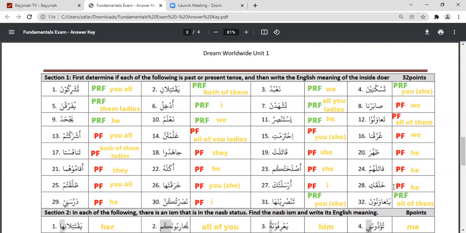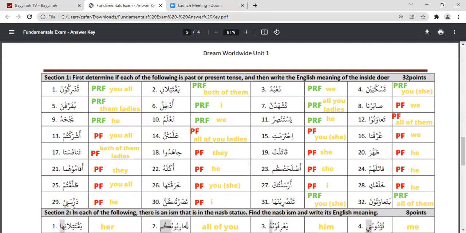After that, it is khalaqaka. It is similar to nasara. Khalaqaki. The ki is the attached pronoun over here, and khalaqa is similar to nasara, which means it is the past tense. And khalaqa, like we have huwa nasara, so the inside doer is huwa, that is he.